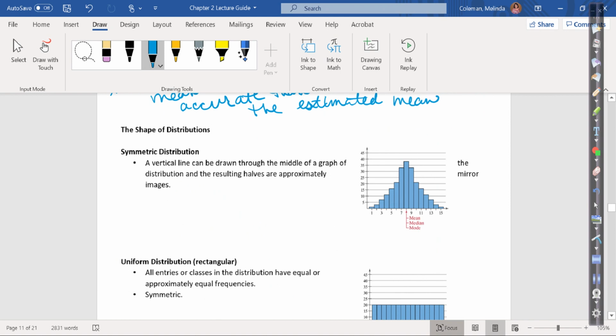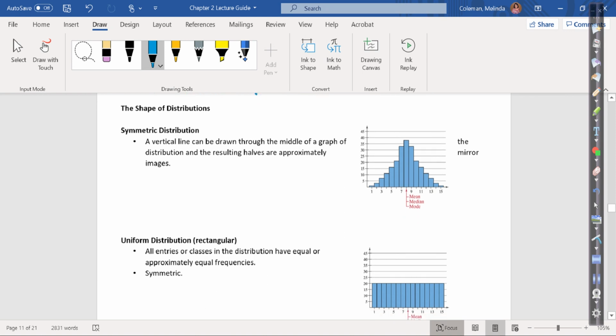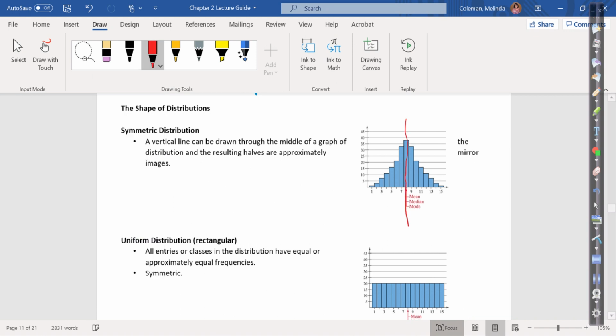All right, then the last thing we're going to talk about now is the shape of the distributions. The first one, we're going to talk more and more about this, but it's definitely symmetric. So basically, if I were to draw a line through the center, then what looks like the left half mirrors what's on the right half.